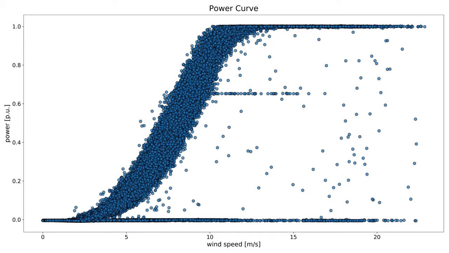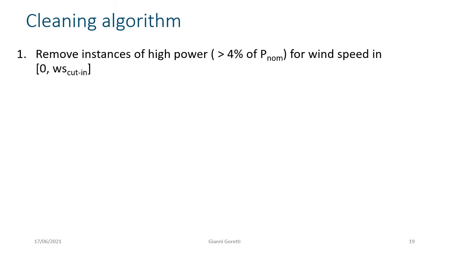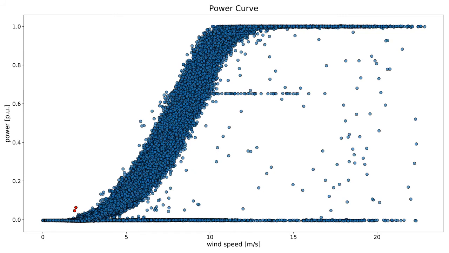Coming then to the cleaning algorithm of the function for the bivariate extreme values. First step is removal of instances of high power for wind speeds that are between 0 and the cut-in wind speed. So for example, in this case, we would have these two dots that are between 0 and the cut-in wind speed that are too high for the region they're in, and therefore they get removed.